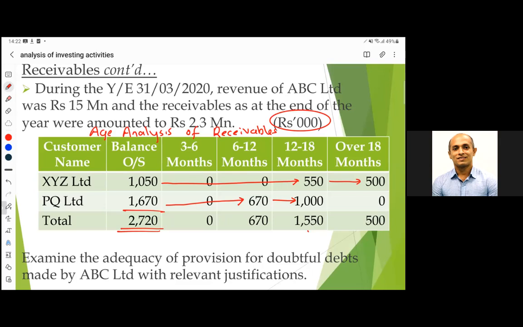Out of this total balance, 500 is due over 12 months, 1550 is due 12 to 18 months, and 670 is due 6 to 12 months. A major part of this balance has been outstanding over 12 months.